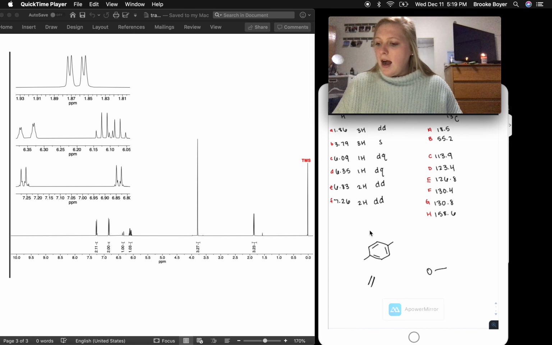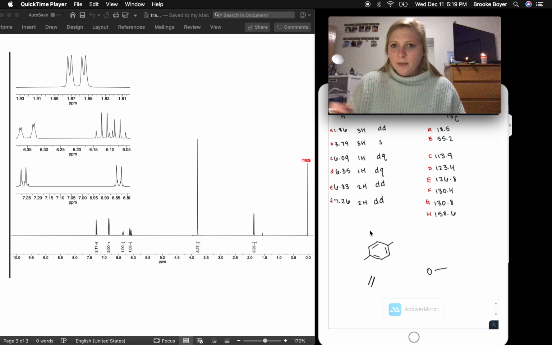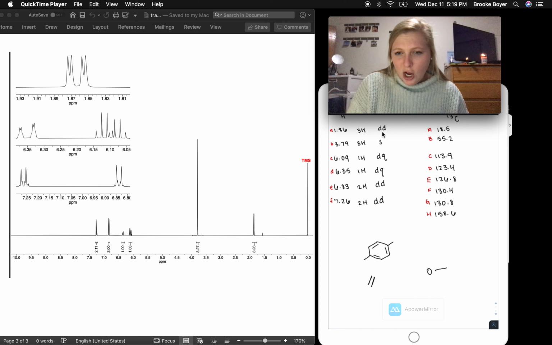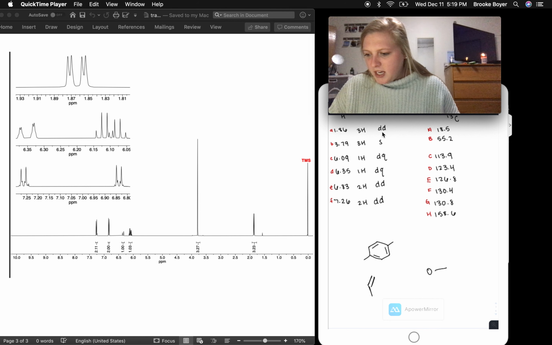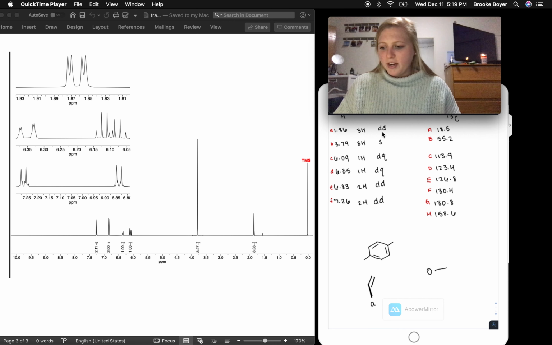I'm going to try to put certain things together. This A hydrogen has an integration of 3, so I'm going to think that's a methyl group, and it has a doublet of doublets, so it has complex splitting. I think that would be near a double bond, and because it's also low, I'm going to say this could be that A over here.